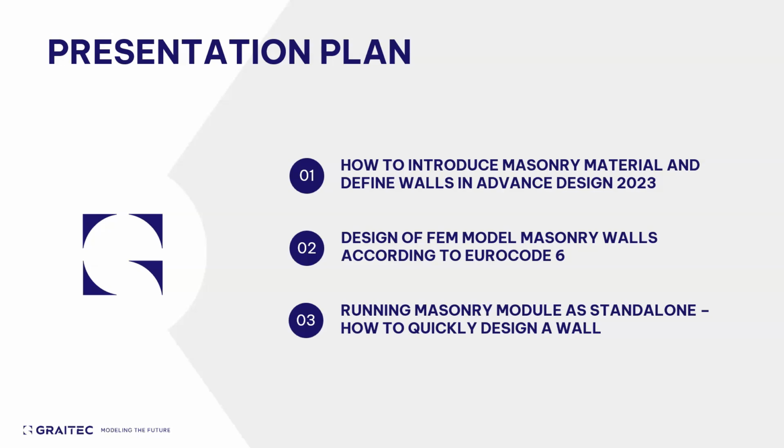For this, I will show you how to introduce a masonry material in your finite element model and how to correctly define a wall in Advanced Design 2023. Then we will run a design calculation for these masonry walls. And what's most important there is how we take the finite element results to obtain design forces for particular panels.